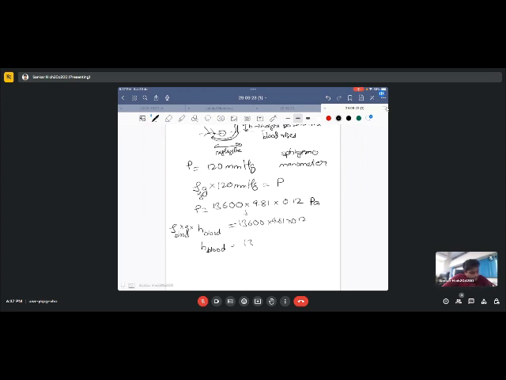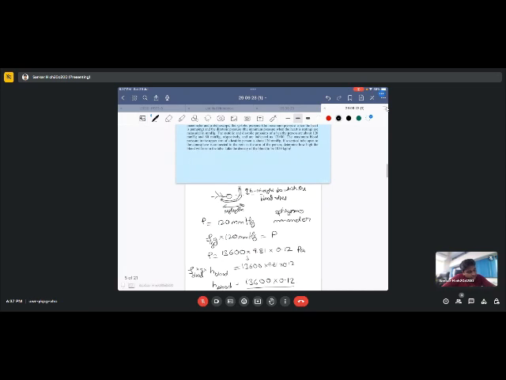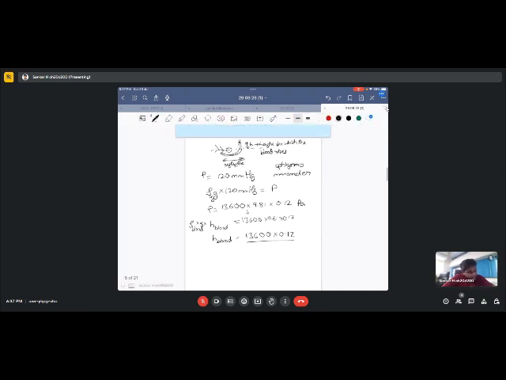Therefore, we can find out the height to which the blood rises, and the density of blood is given as 1050 kilogram per meter cube.